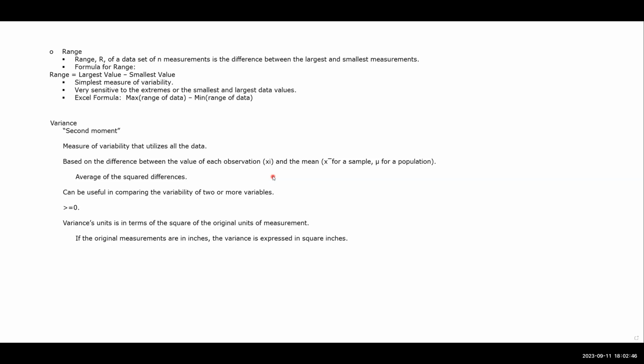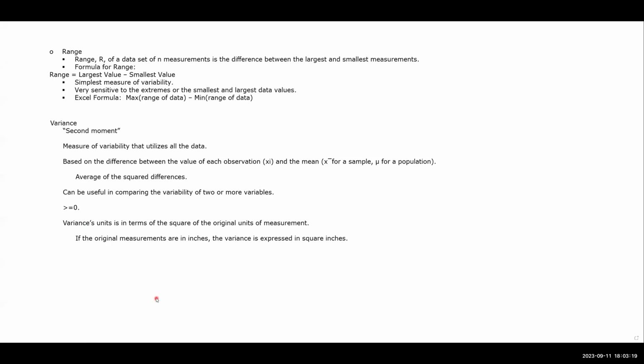You calculate that difference for each observation, and then you square it. Then you take the average of that by summing them all up and dividing by n, or in the sample variance case, n minus 1. I'll write out the formula. It can be useful in comparing the variability of two or more variables, and it has to be greater than or equal to 0.